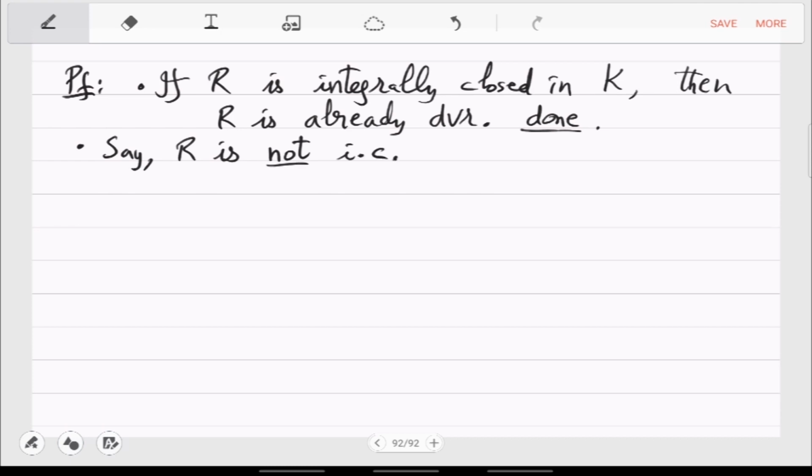That means there are some monic polynomials with roots in the big field but not in the ring. So you just keep adding those roots, keep growing your ring. Every integral domain sits inside an integrally closed one.